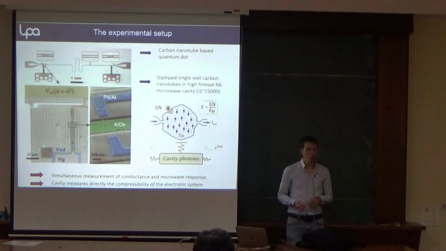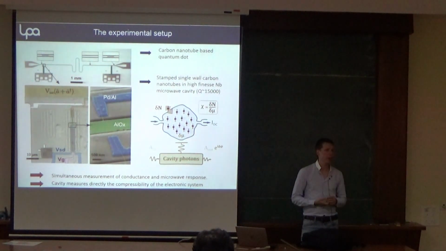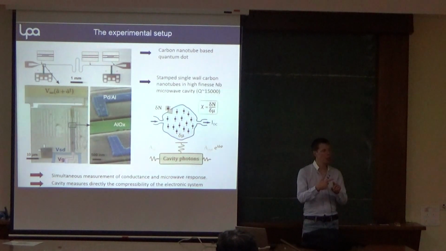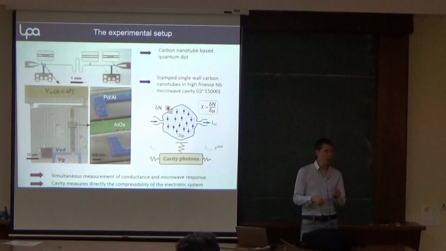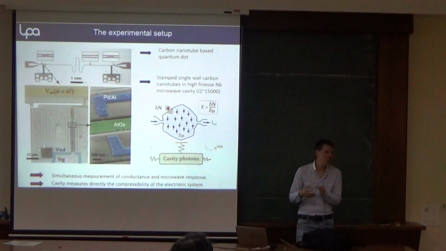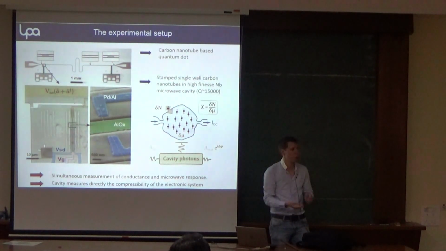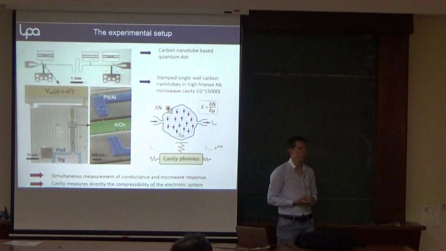Yes, exactly, so this is why. In the other set of experiments, we have even a top gate with aluminum oxide on the top, which is even closer, because here not all of the nanotube touches the aluminum oxide, and we get even larger coupling strength.